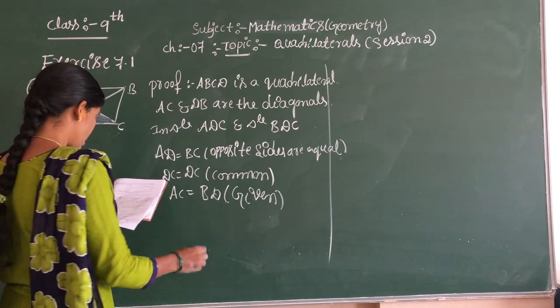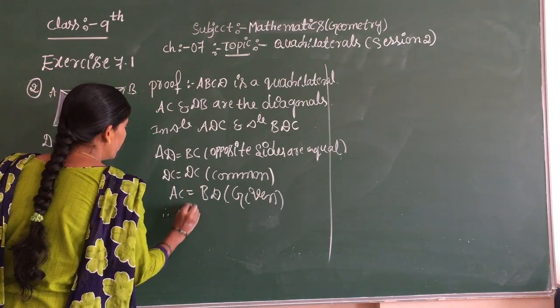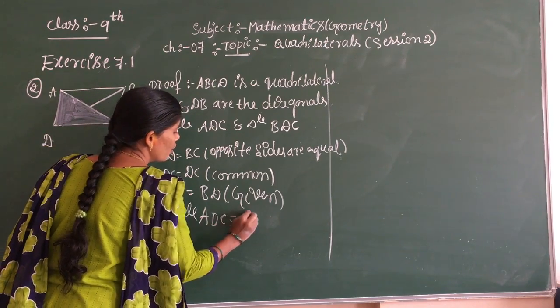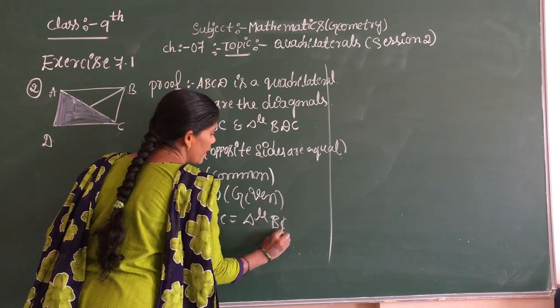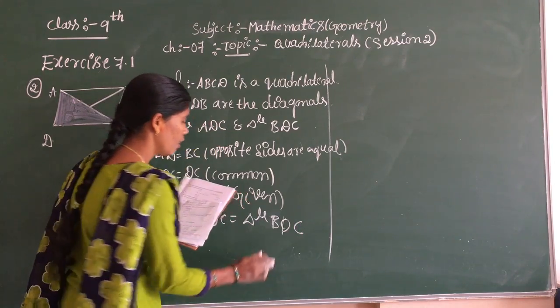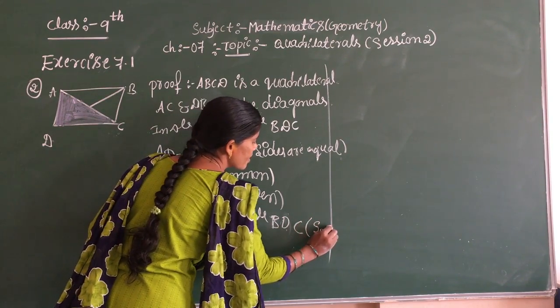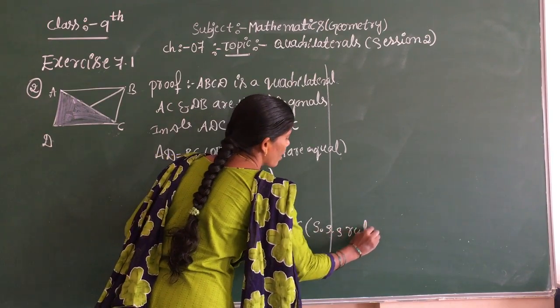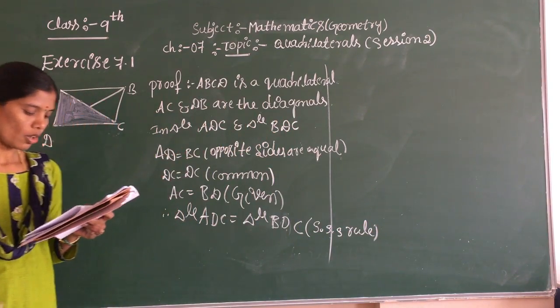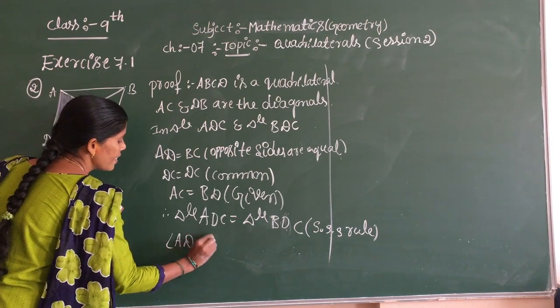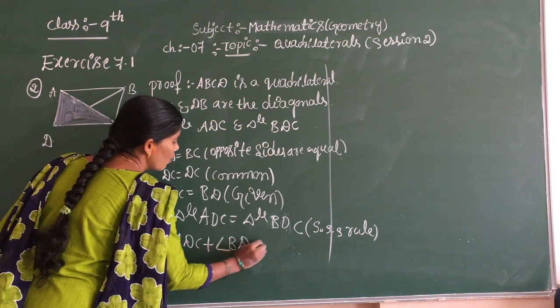Therefore triangle ADC is congruent to triangle BDC. Which rule, children? Yes, SSS rule. Now angle ADC plus angle BDC is equal to how many degrees?